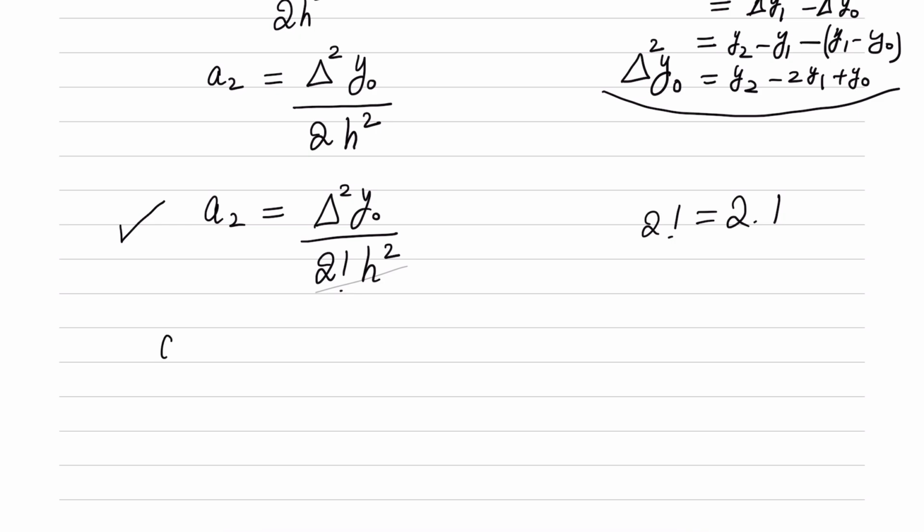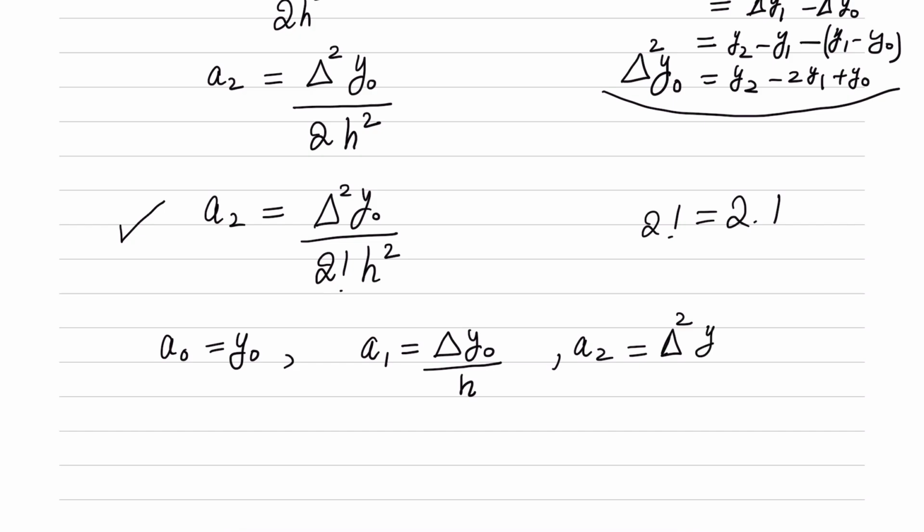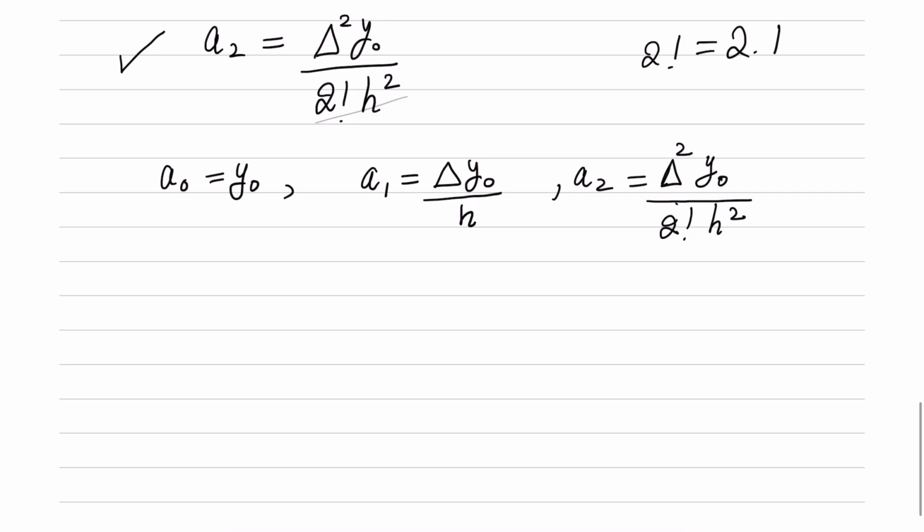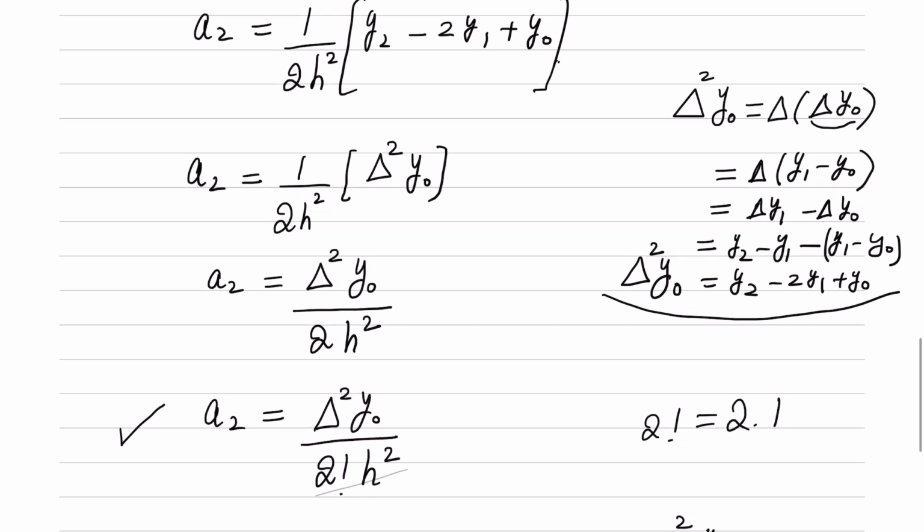So what we have here is a0 is equal to y0, a1 is equal to forward y0 over h, where the power here is 1 because you are writing a1, and then a2 is forward square applied on y0 divided by 2 factorial h square. So we can see a pattern here for the 2-degree polynomial.